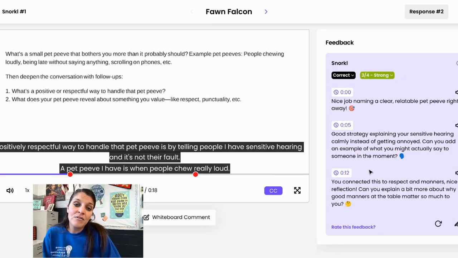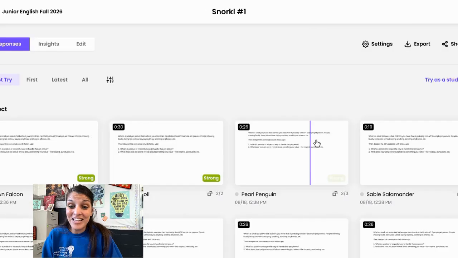And so what I really enjoy about Snorkl and setting the unlimited responses is that students can get direct feedback, and it's not just a general idea, it's targeting specifically in their answer where they need to expand on their ideas so that they can write again, they can speak again, or they could use the whiteboard feature and they could draw it out again. And so that becomes really powerful.